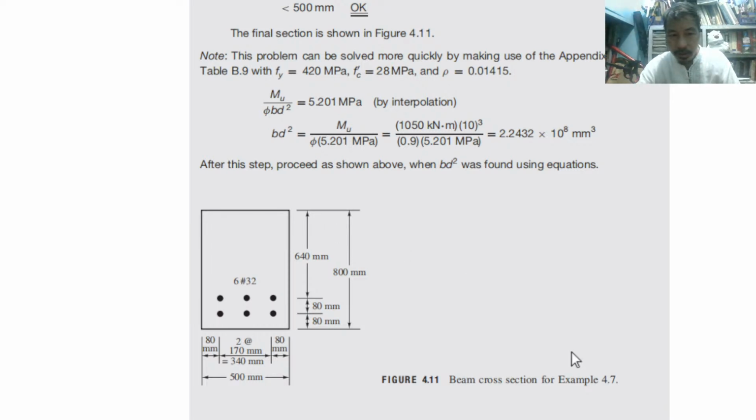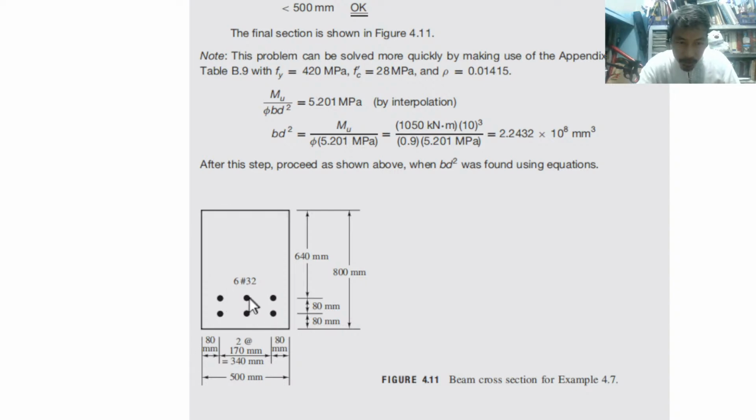Okay, any questions? Any question? So, not only the dimension of 500 by 800, the location of the reinforcement bars must be included in your answer. The location meaning 80 mm, then another 80 mm on the other side.